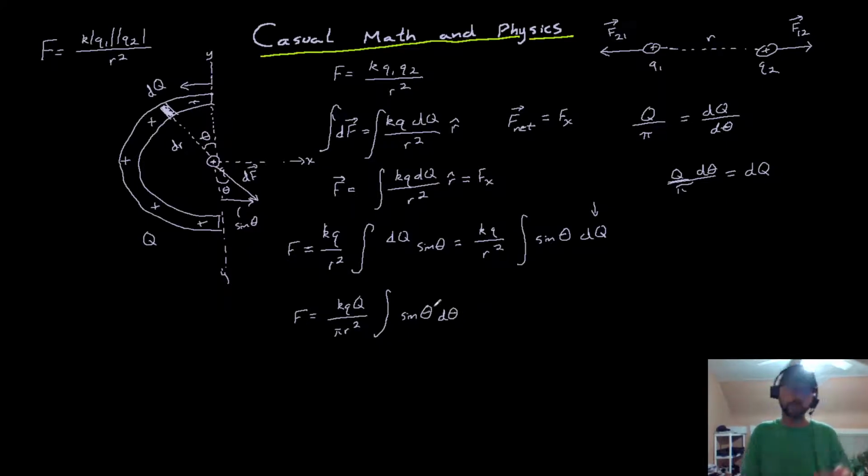Now we just have to ask ourselves, what's our starting and ending point? You can pick different values as long as it matches up with the picture. If this is the angle 0 radians, and we go a full semicircle, then this is the angle pi radians. So we're going from theta equals 0 to theta equals pi.